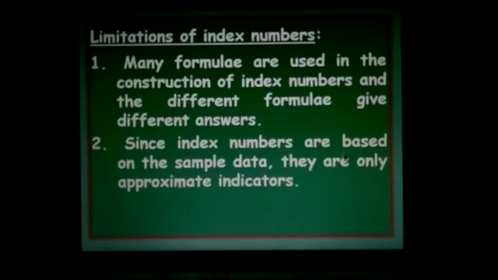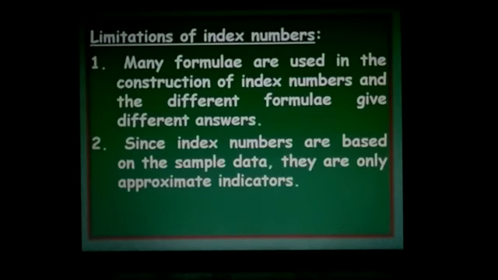Since index numbers are based on sample data, they are only approximate indicators. This we know already: what a sample survey will give us as information, what a census survey will give us as information.